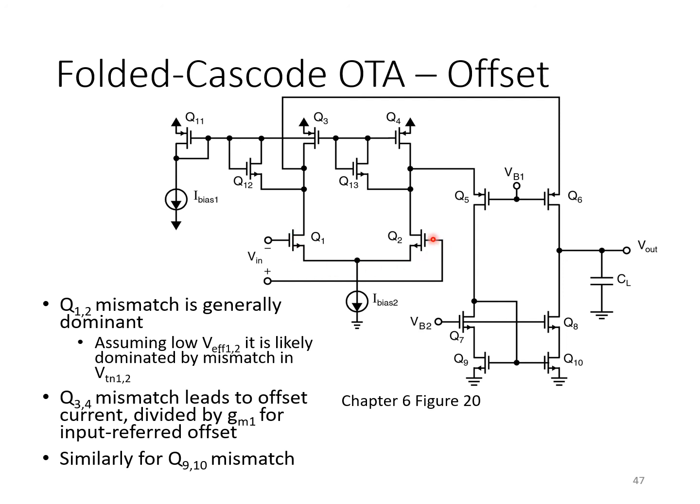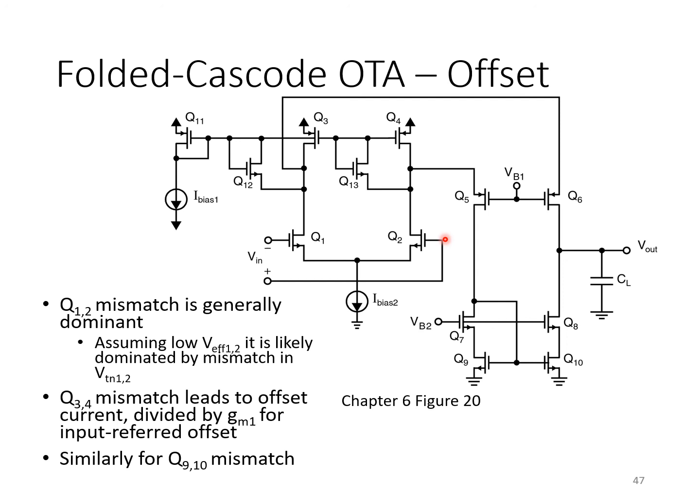Of course, all this should be taken with a grain of salt. For every rule of thumb like this, there are always going to be exceptions. Now, in the case where we've designed the op amp so that GM1 and 2 are larger than any other transconductances in the circuit, then we've probably also biased them with a very small V effective, and in that case, it's quite likely that their threshold voltage mismatch dominates over other mismatch contributions.